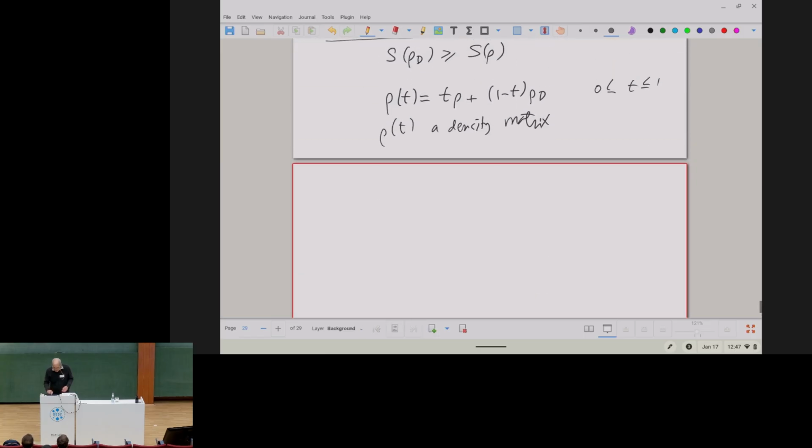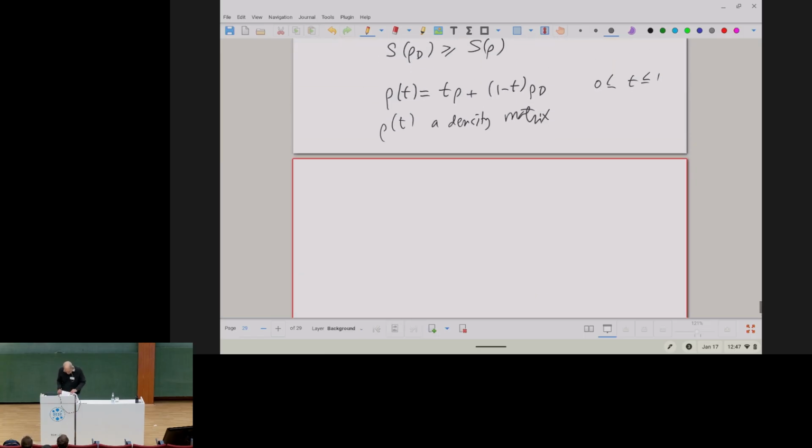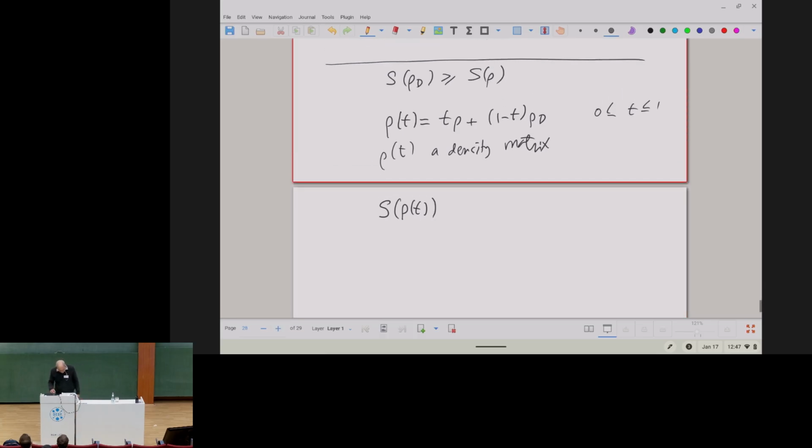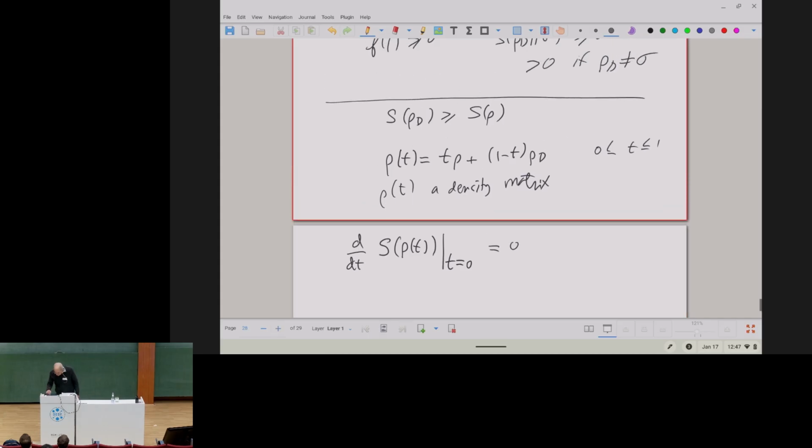And now, what do we do? Well, we look at the function S of rho of t. And we find that d by dt of S of rho of t at t equals 0 is 0.